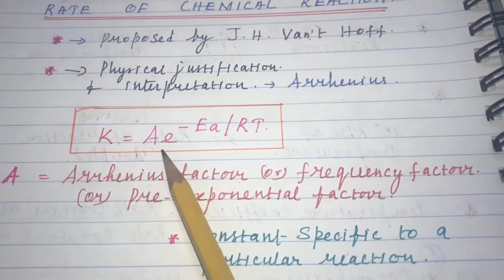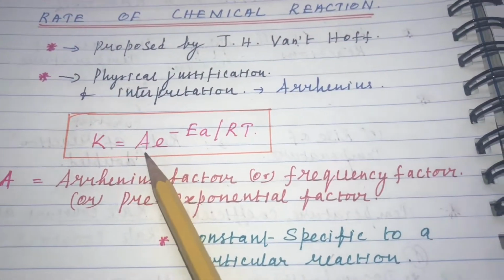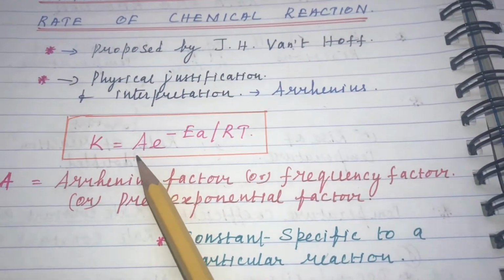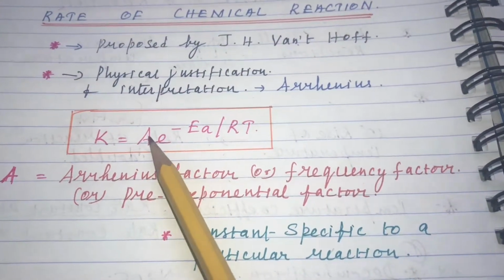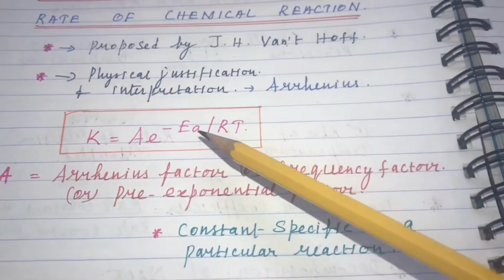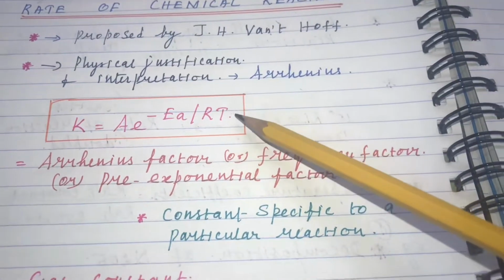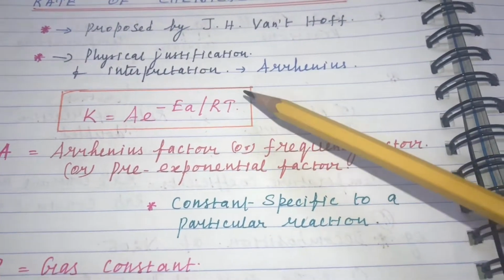Here the term A is the Arrhenius factor, frequency factor or pre-exponential factor, and it is a constant specific to a particular reaction, that is, the collision frequency. Ea is the energy of activation, R is the gas constant, and T is the particular temperature.